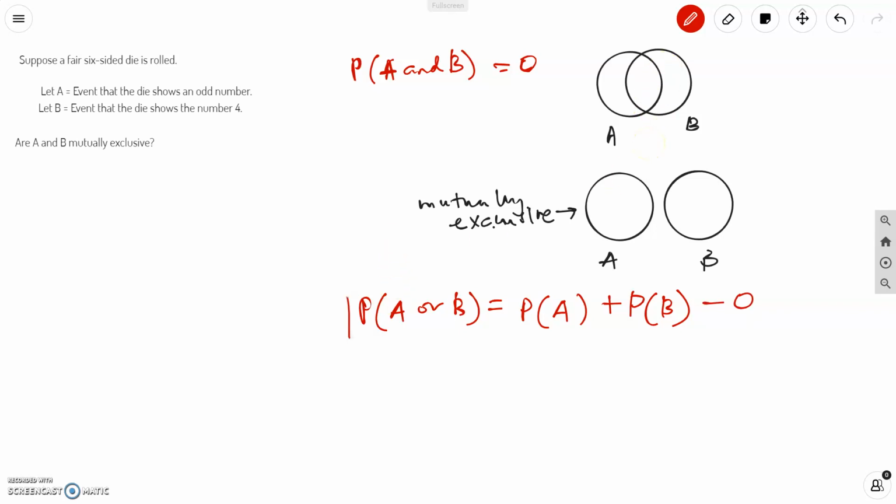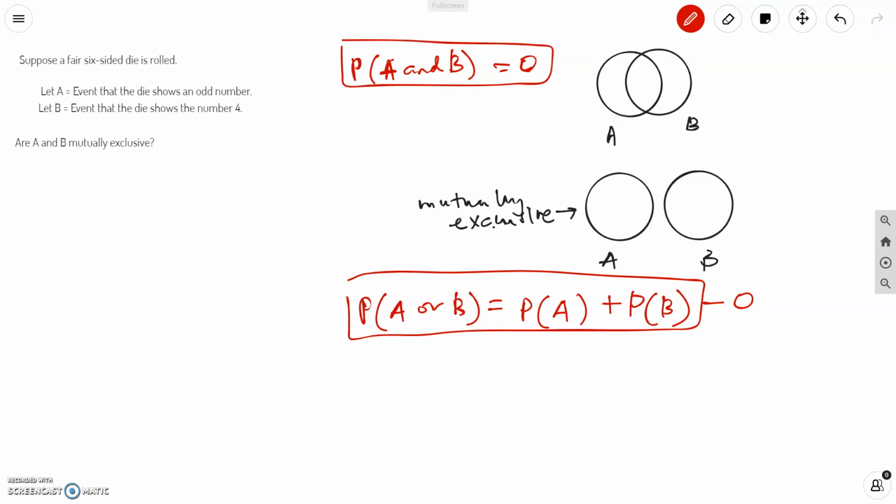And so our formula comes down to P of A or B is equal to P of A plus P of B, and P of A and B is just going to equal 0. So we're going to be using these whenever we deal with mutually exclusive events.